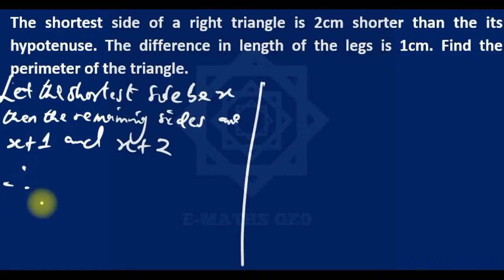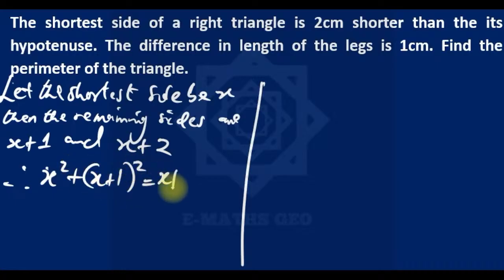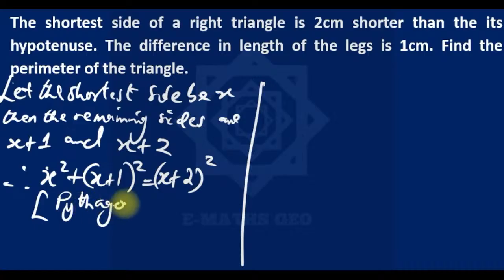Therefore we apply the Pythagorean theorem here, which is x squared plus x plus 1 squared must give us x plus 2 squared. Yes, by the Pythagorean theorem, because it's a right angle triangle.